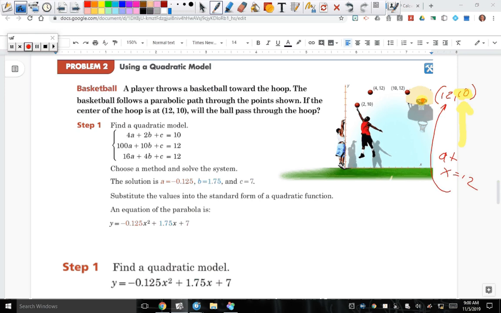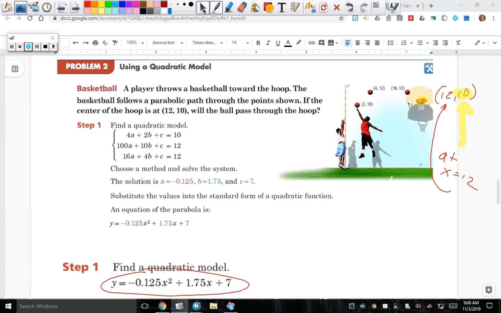All I can do is take this quadratic equation that I got and plug it into the calculator and see, does it spit 10 out when I put 12 in here? You with me?